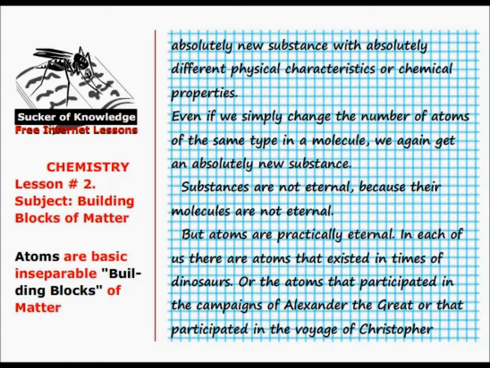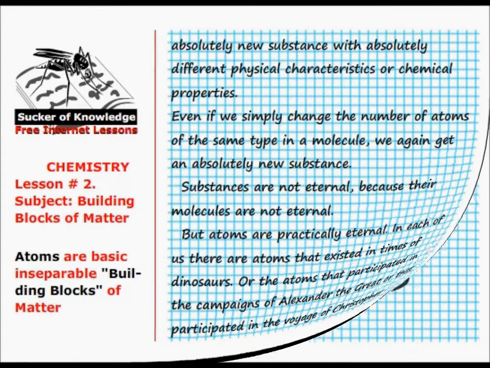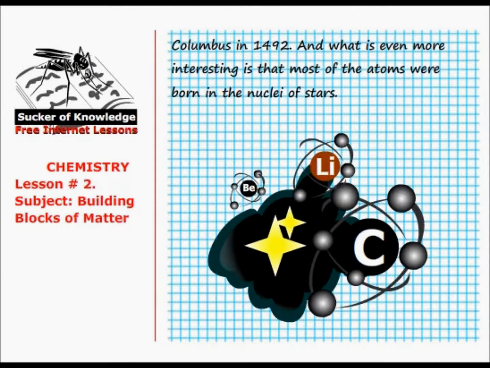In each of us, there are atoms that existed in the times of dinosaurs, or atoms that participated in the campaigns of Alexander the Great, or in the voyage of Christopher Columbus in 1492. And what is even more interesting is that most of the atoms were born in the nuclei of stars.